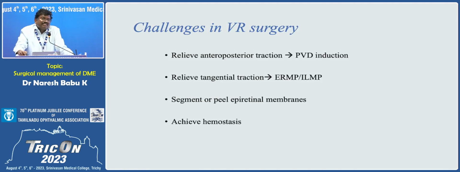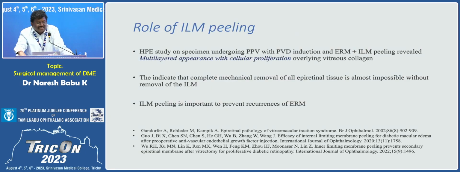But there are certain challenges in these cases. Sometimes inducing a PVD may be difficult, and we have to remove both the ERM and ILM, because if you don't remove the ILM, sometimes there is a chance of recurrence of ERM, leading to worsening of the condition.